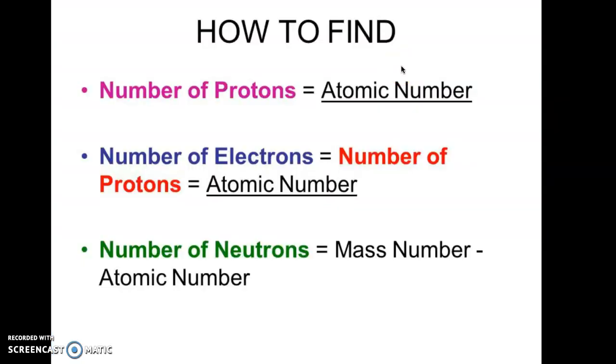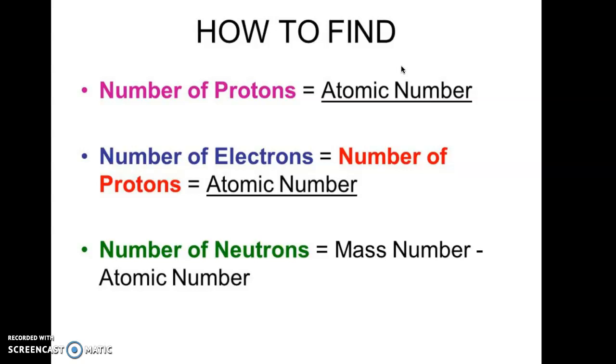This is something we're going to go over again when we study the periodic table, but let's introduce it to you now. How to find each of our numbers here: the number of protons we can find by knowing the atomic number of the element. For example, hydrogen's atomic number is 1.